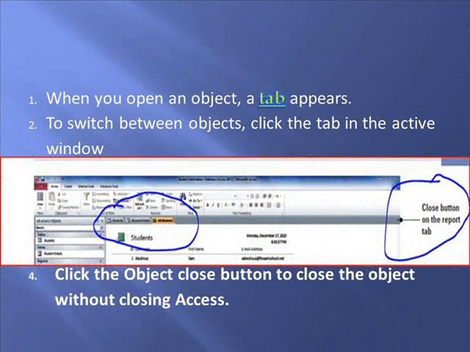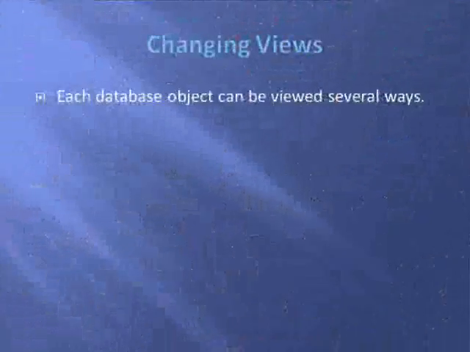When you open a database object, a tab appears to show the open object. It appears in the active window. And if you open more than one, a tab for each open object appears. And then to switch between the open objects, all you have to do is click on the tabs in the active window.